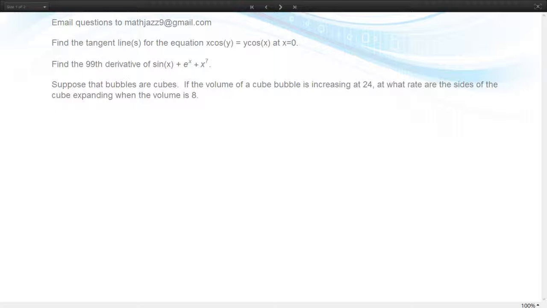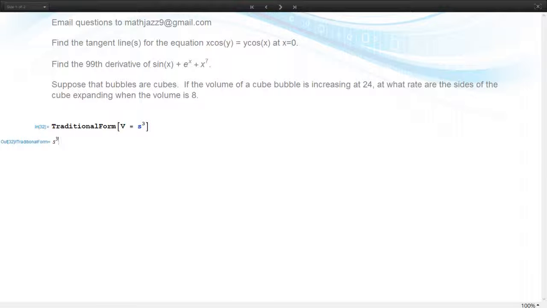Anyway, so let's write down the formula for the volume of a cube. So volume is equal to the length of a side cubed. Almost makes you wonder if there's a relationship between cubes being third powers and cubes the geometric figure, right?